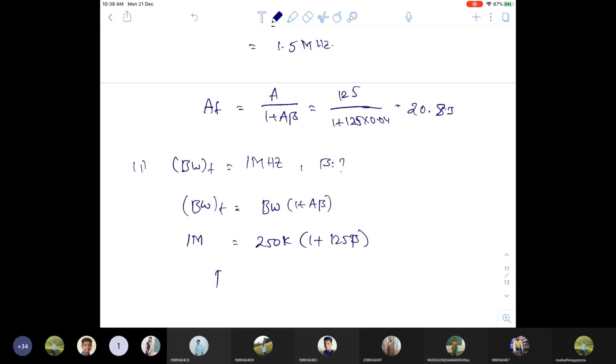What is the beta value? 0.024, which means 2.4%.